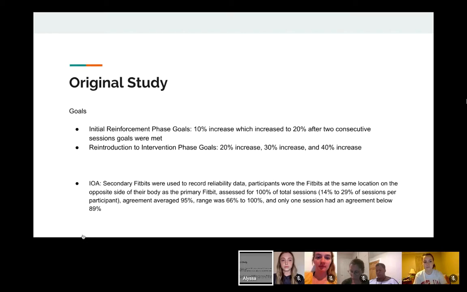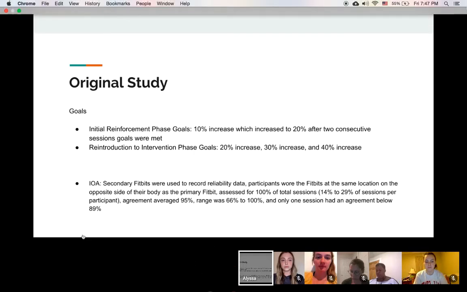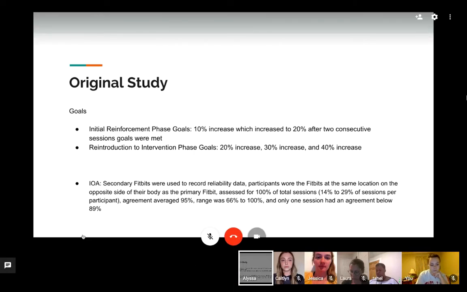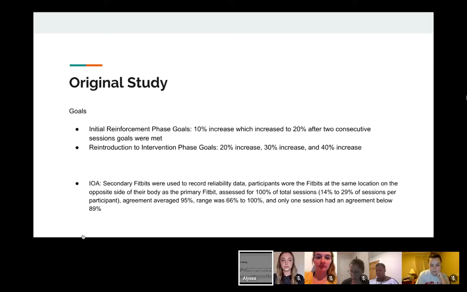And to go from 20% and after 2 consecutive goals, then 40%. The IOA was a secondary Fitbit to be used to prove that the data was reliable.